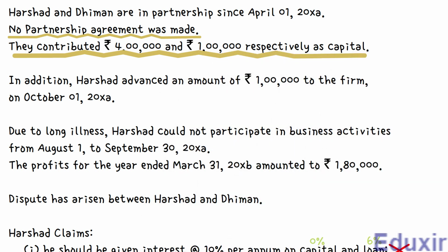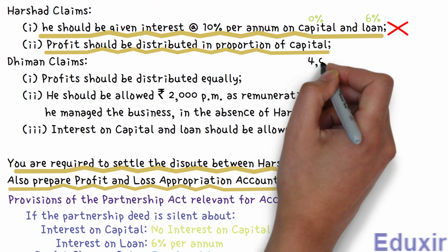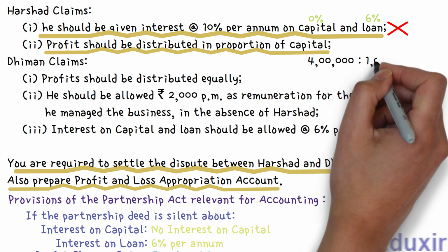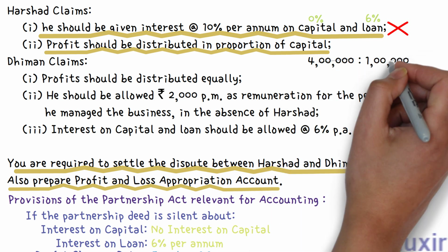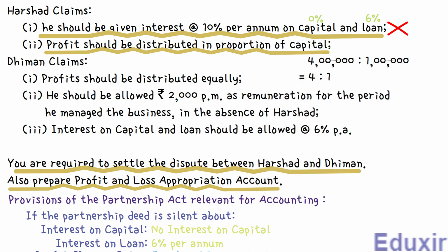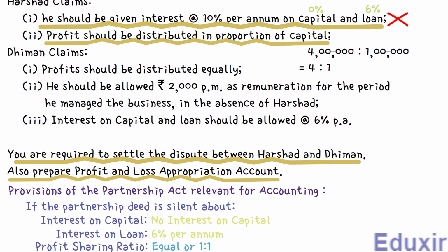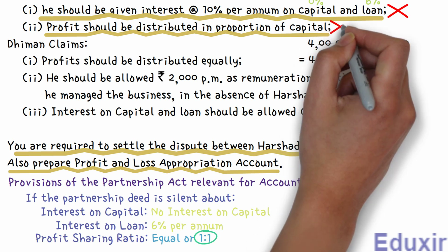So, as per Harshad's claim, the profits should be distributed in the ratio of 4 lakhs is to 1 lakh. Cancelling 5 zeros in 4 lakhs for the 5 zeros in 1 lakh, we have 4 is to 1. But as per the provisions of the Partnership Act, this ratio should be 1 is to 1. So, the second claim made by Harshad is also invalid one.